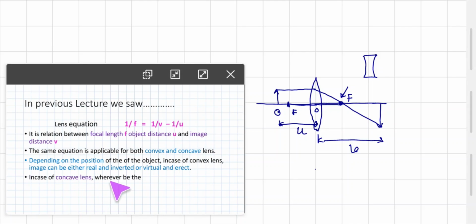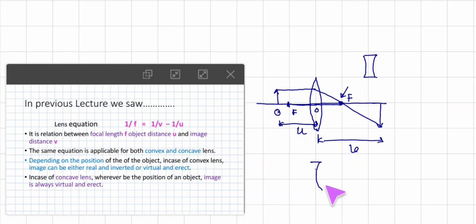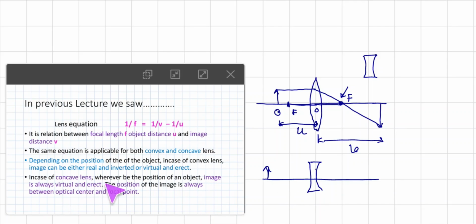In the case of a concave lens, the thing to be remembered is that if this is an optical axis, then wherever the position of the object is, whether between the focal point and optical center or beyond the focal point, the image is always to the left hand side of the lens.